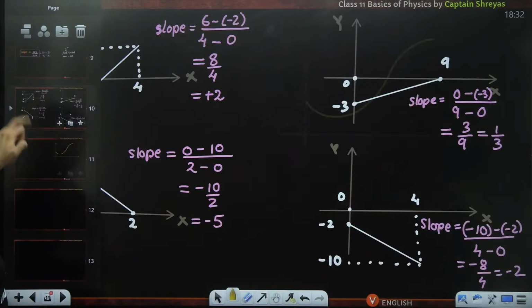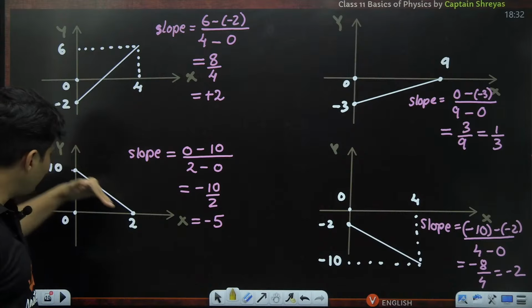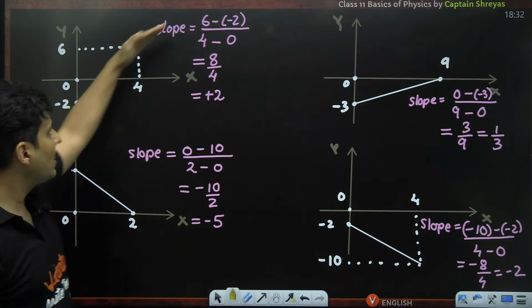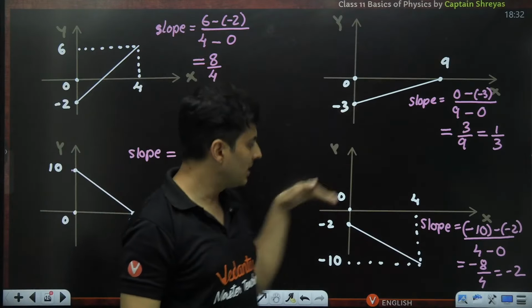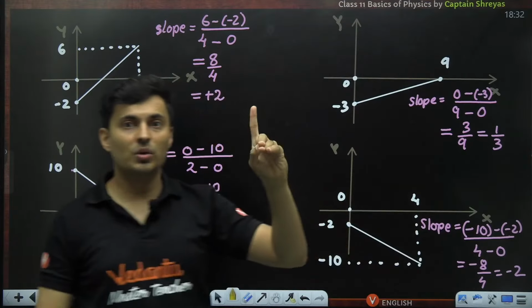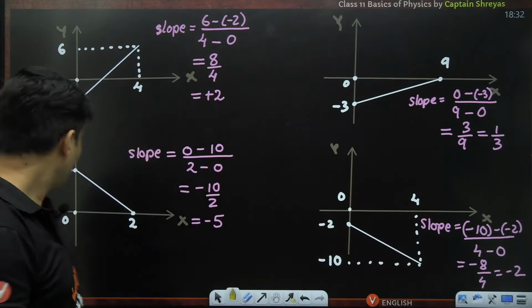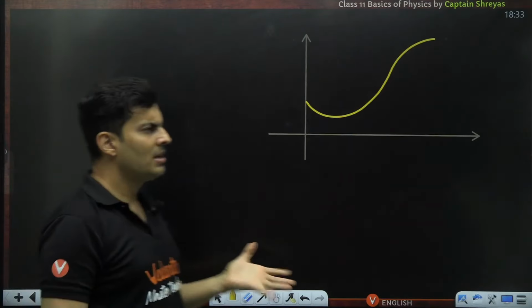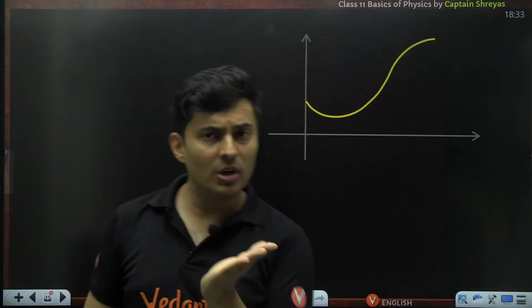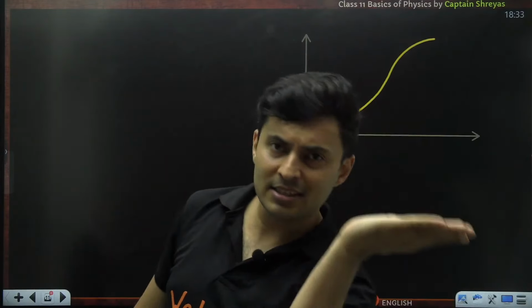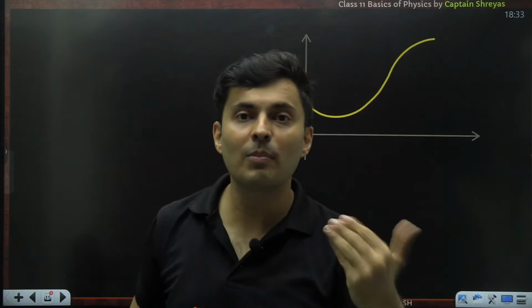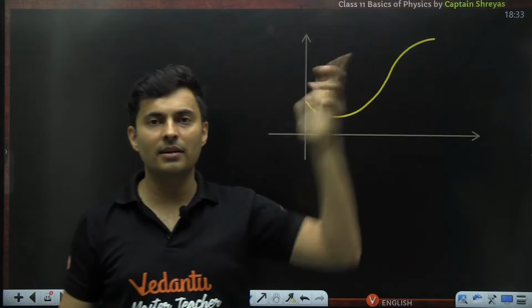See, when you have straight lines, it is having the same steepness, same steepness, same steepness. So the slope is constant. But when you have a curve, the slope is not constant because sometimes it is more steep, then less steep, then more steep. So the steepness changes the moment there is a curve.